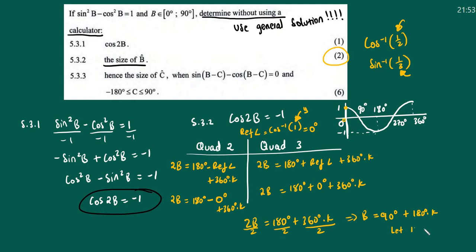You just let k be 0, then you find that beta is equal to 90 degrees. So that is the value of beta there. Beta is 90 degrees.